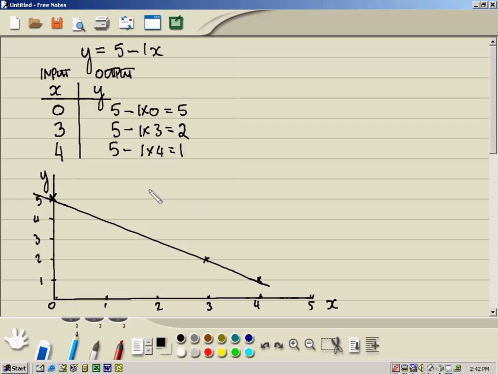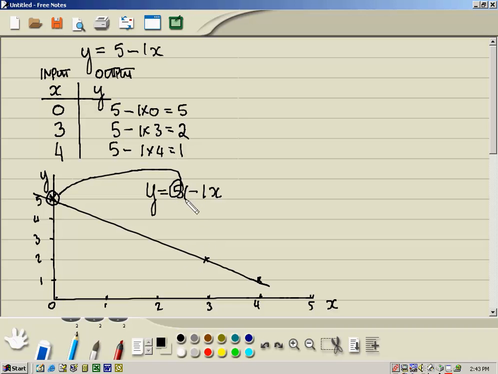Alright, so remember this is our equation y is equal to 5 minus 1x. 5 is the value that corresponds to the beta 0, the intercept, and that's the value here.